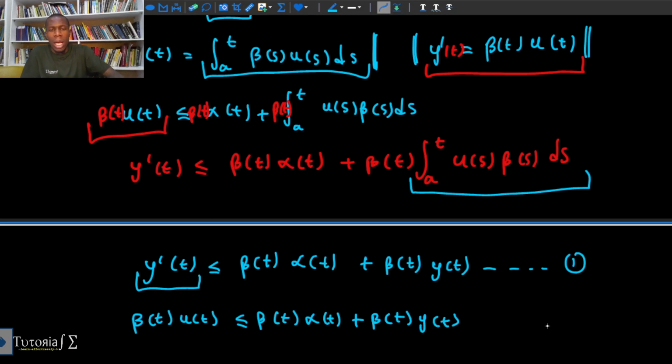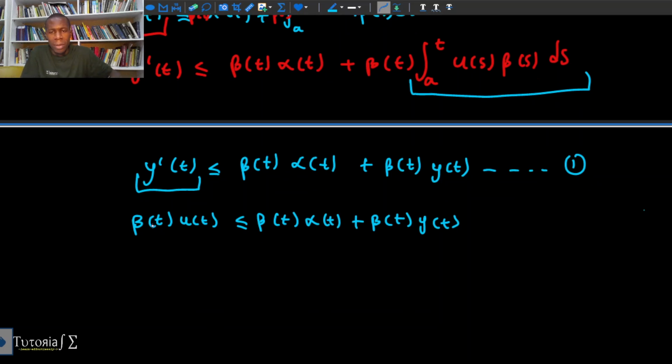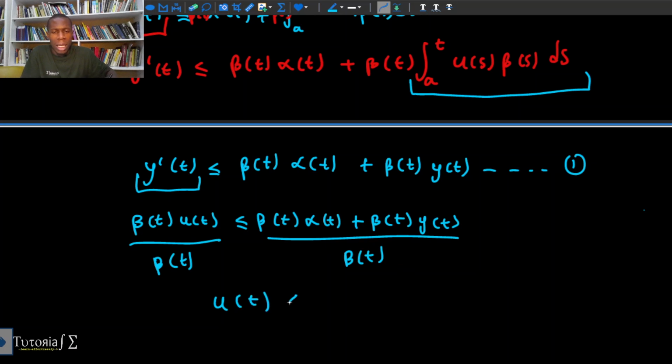If we divide by beta of t on both sides, we remain with u of t less than or equal to alpha of t plus y of t, because the beta cancels the beta. I'll call this equation 2.